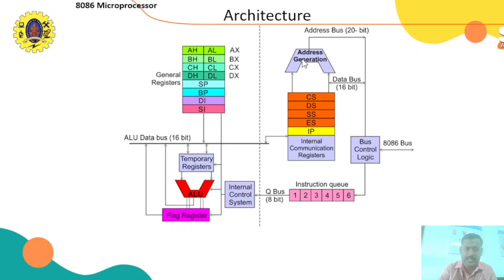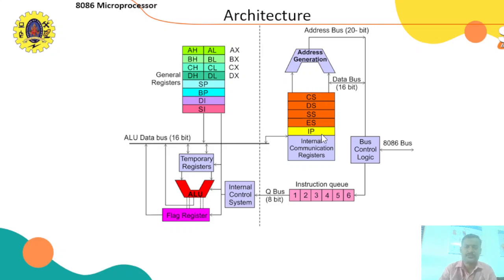So this is the address generation logic. Whenever you are accessing data, the next address should be incremented, and this address generation logic takes care of this. And the instruction pointer is used as an offset register. Whenever you are accessing data, the code segment register times hexadecimal 10 plus the instruction pointer produces the 20-bit physical address.